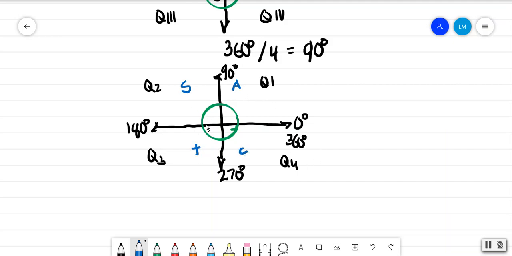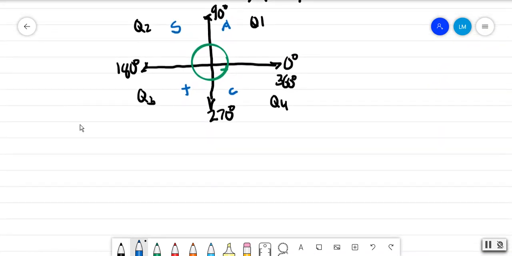This is in relation to the trigonometric functions, and those are sine, cosine, tangent, cosecant, secant, and cotangent. Even though that may not make sense right now, you'll see it as it comes along in the later chapters.